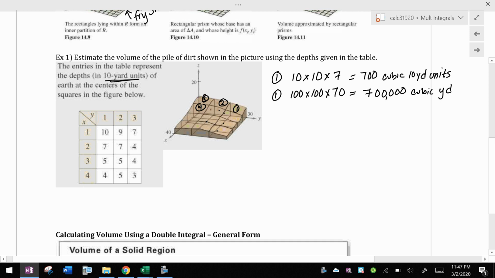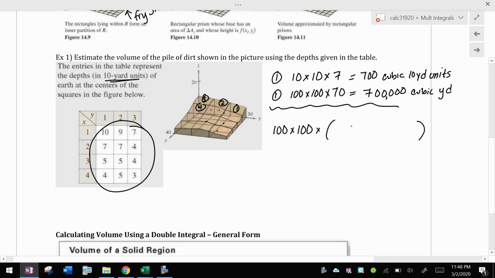Except obviously we're not going to do this one at a time because that's ridiculous. So what we're going to do instead is say, all of those bottoms are 100 by 100, and then all of the tops are the sum of all of those heights. Each of those will get multiplied by 10 because they're 10-yard units. So if we come through here and find the sum, 10, 17, 17 plus 9 is 26.